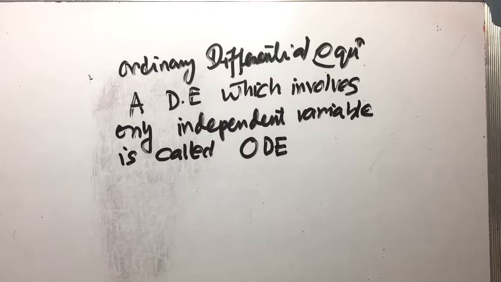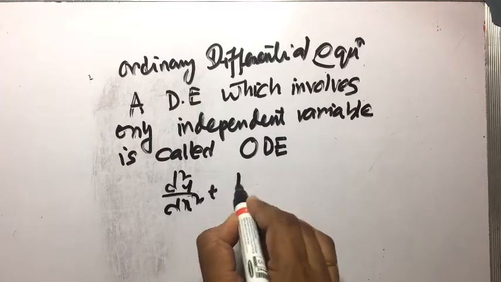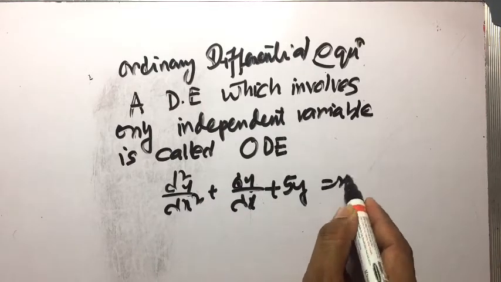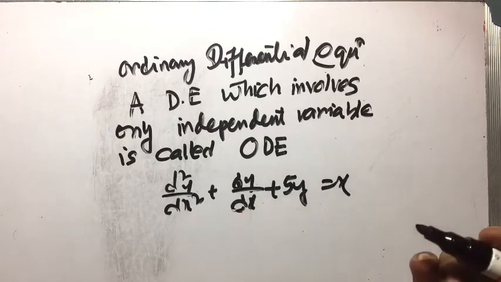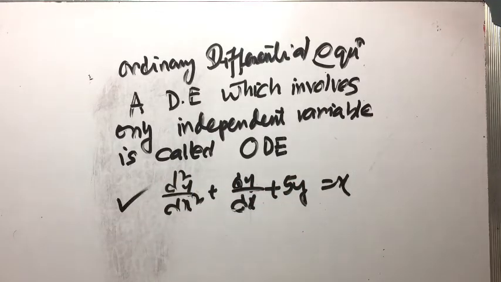For example, we can consider this: d square y by dx square plus dy by dx plus 5y equal to x. This is an ordinary differential equation.